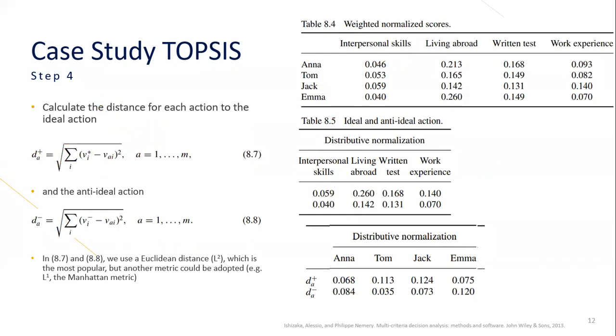Let's say the ideal solution is A plus, VI star. This is the ideal one. This one is VI minus, the anti-ideal solution. So how do you calculate how similar the first alternative, Anna, is to the ideal solution?